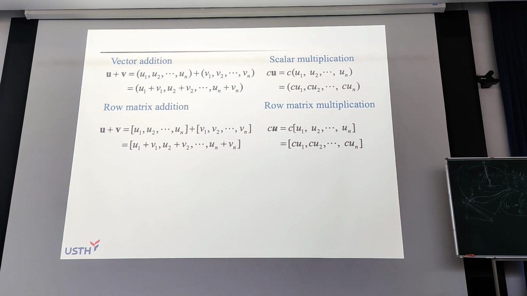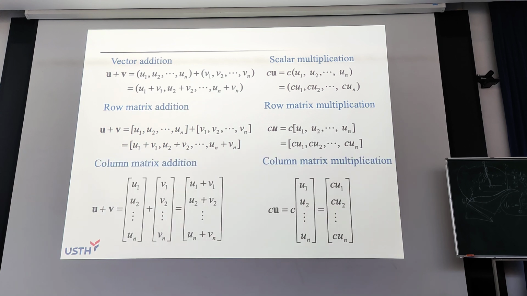C times U to be that, and to be that matrix, and it is exactly like a scalar multiplication for the vector. And if we write it in the column matrix, we get the same thing. So the standard operation on vector is almost the same as the operation on the matrix we studied already.